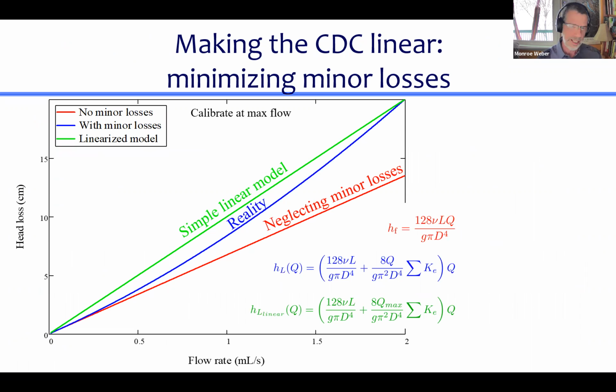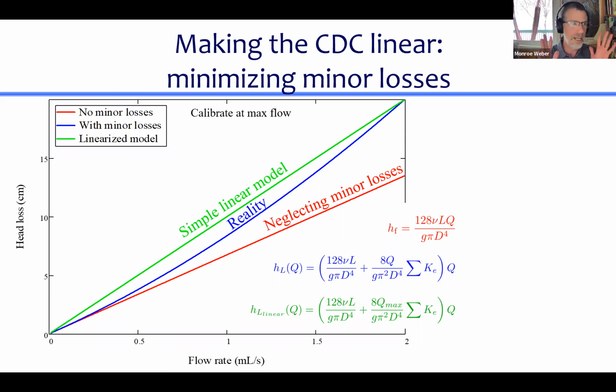I don't know if you like thinking in terms of graphs and equations and curves. This is just to illustrate how this system works. The graph is head loss on the y-axis as a function of flow rate on the x-axis. And of course, as you increase the flow rate, the head loss increases. So these graphs all go up.